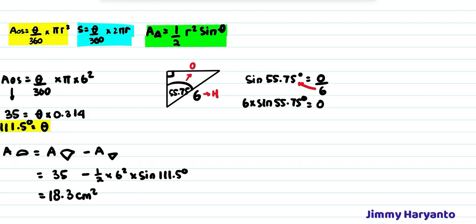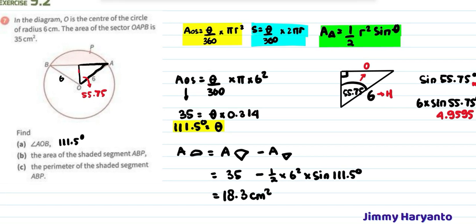The result is 4.9595, so the opposite side equals 4.9595.